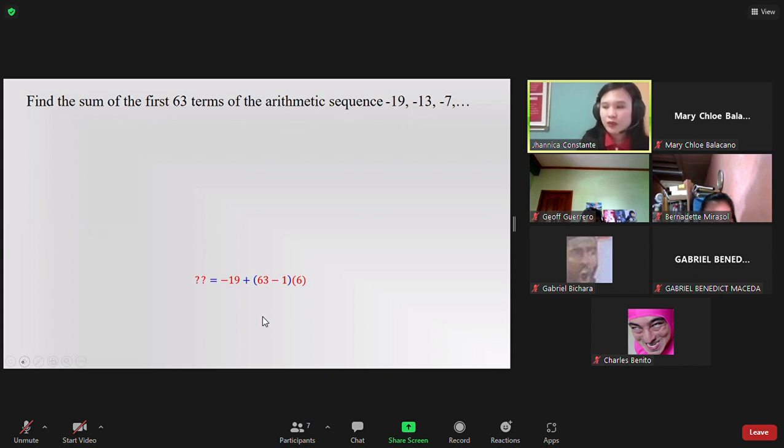For example, we have to find the sum of the first 63 terms of our arithmetic sequence. Given that we have the arithmetic sequence negative 19, negative 13, negative 7, we need to solve for the sum of our arithmetic sequence.